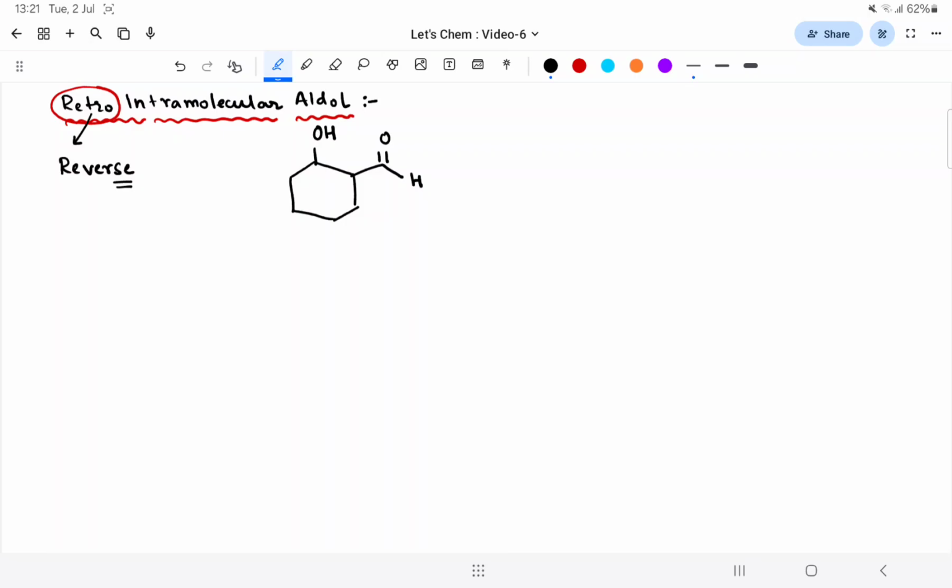This is the compound that I have got at the lower temperature, because OH is there.